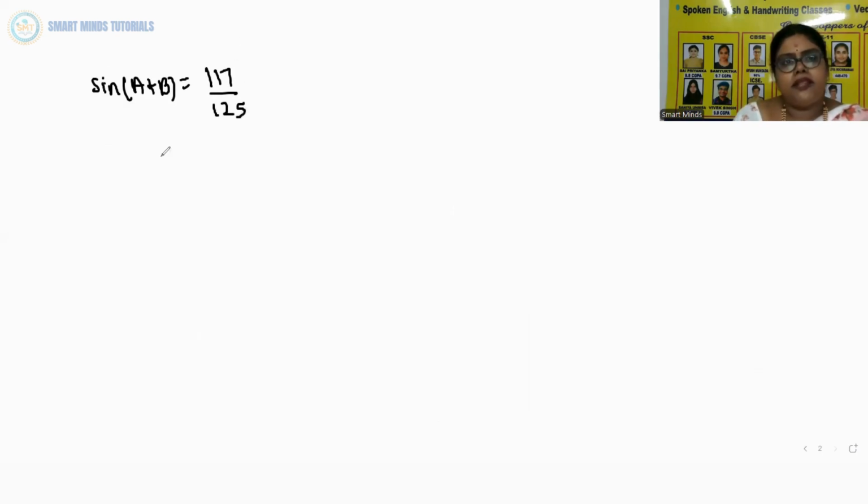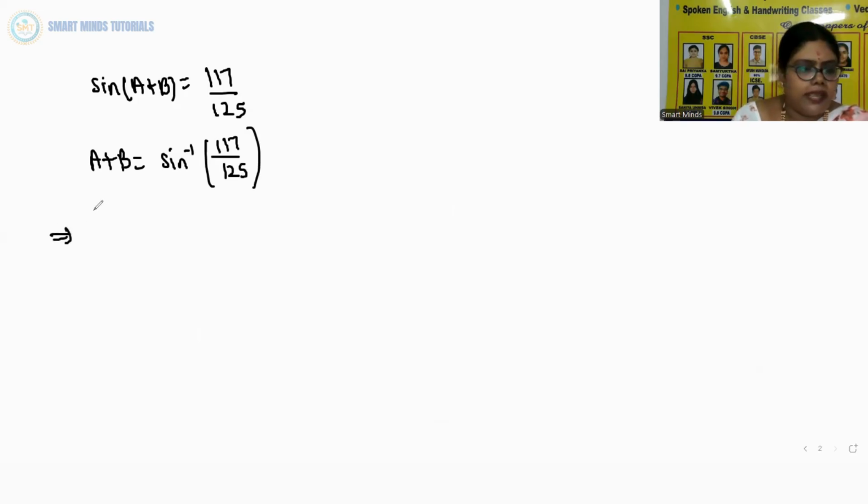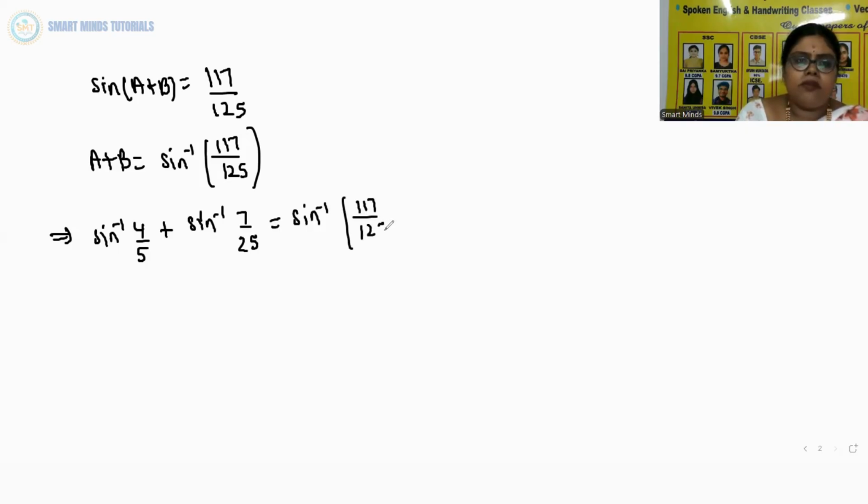If I take sin to that side, we get A plus B equals sin inverse 117 by 125. Now initially what did we take A as? We took A as sin inverse 4 by 5 and B as sin inverse 7 by 25. That is equal to sin inverse 117 by 125. This is the result. Hence proved.